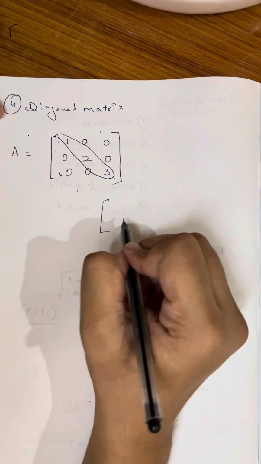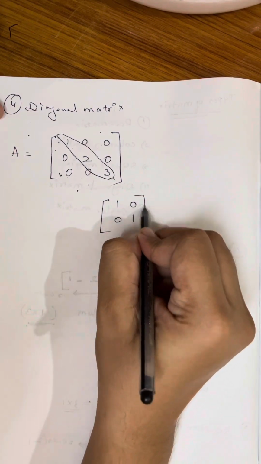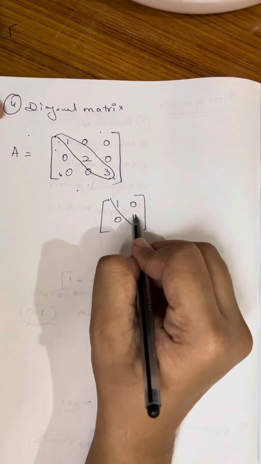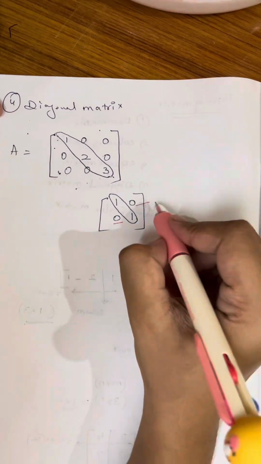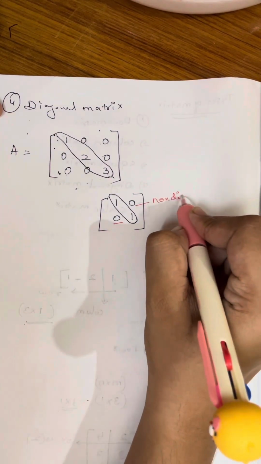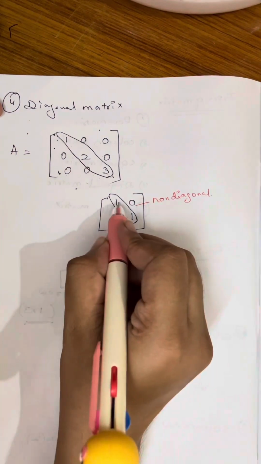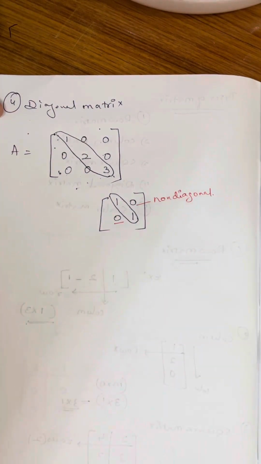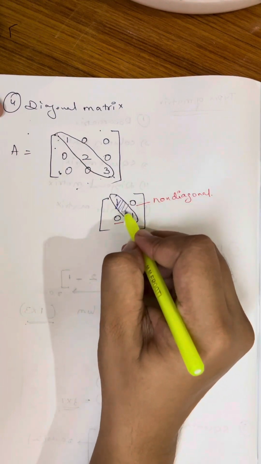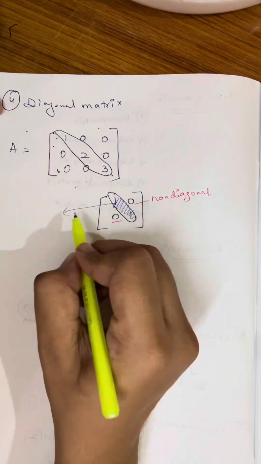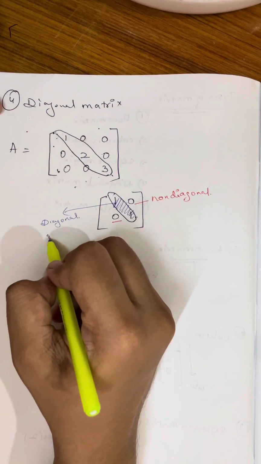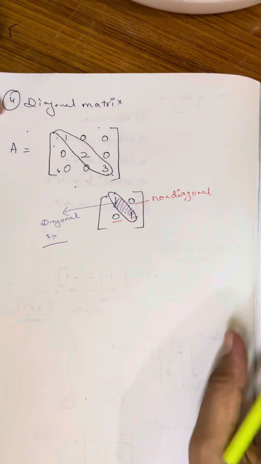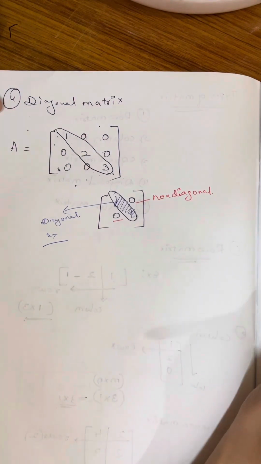One more example, 1 0 0 1. Your non-diagonal elements are zeros. Here you can see these are non-diagonal, and these are diagonal, which can be anything except 0. So these 2 things you can remember in the easiest form.